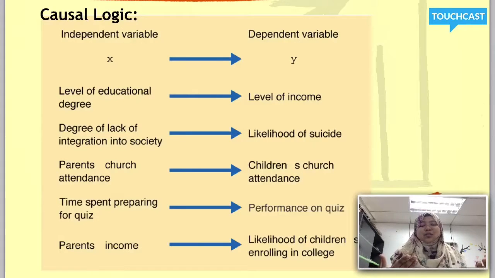Also, the second example: degree of lack of integration into society and likelihood of suicide. Okay, this is the causal logic between independent and dependent variable, but it doesn't necessarily happen. We have a lot of different factors that actually affect someone, the condition and the consequence.